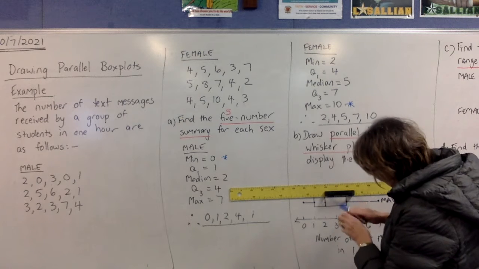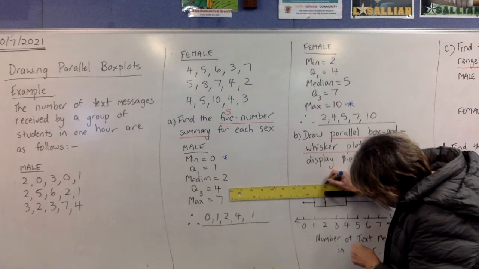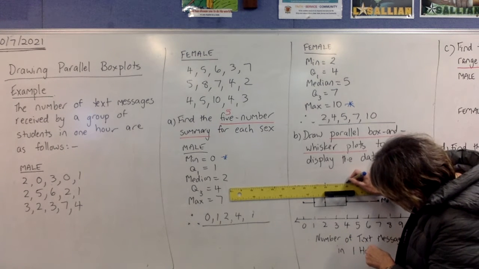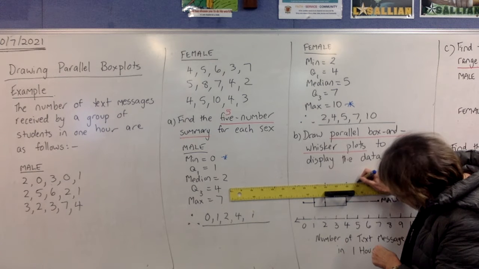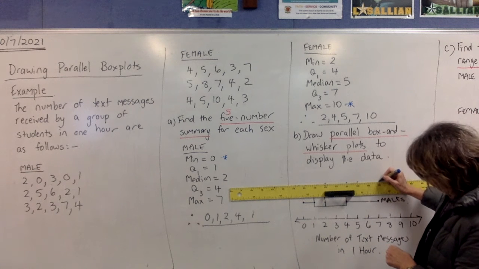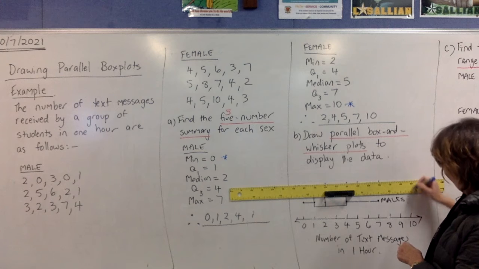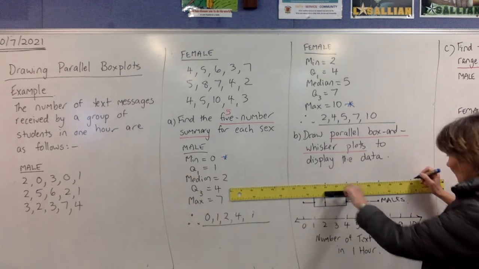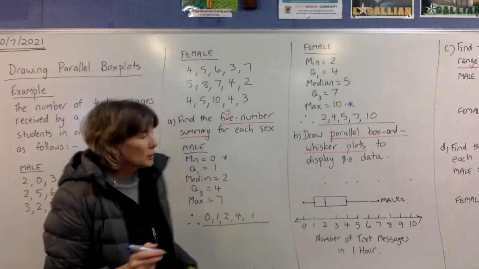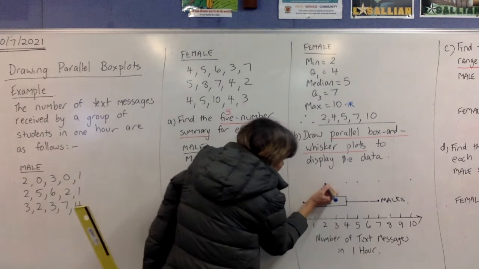Okay, so it's 2, 4, 5, 7, and 10. Okay, once I've got the 5 dots drawn there, I'll just make them a bit bigger so you can see them.